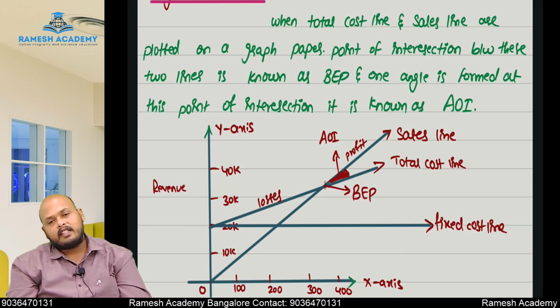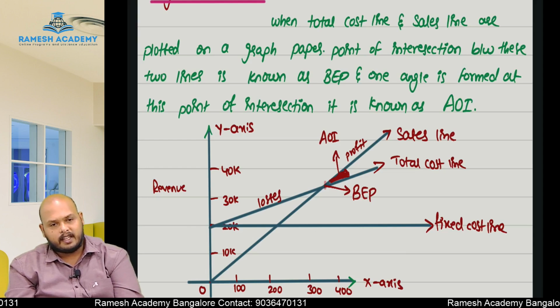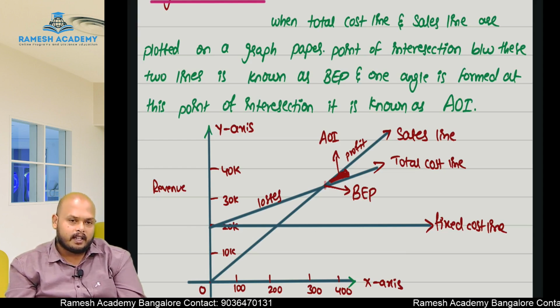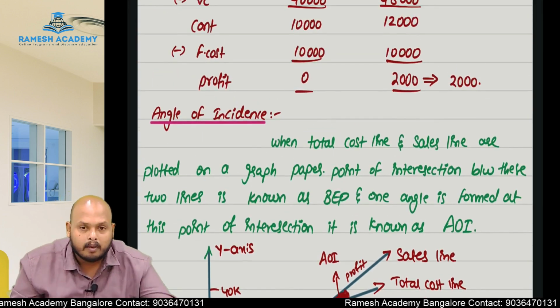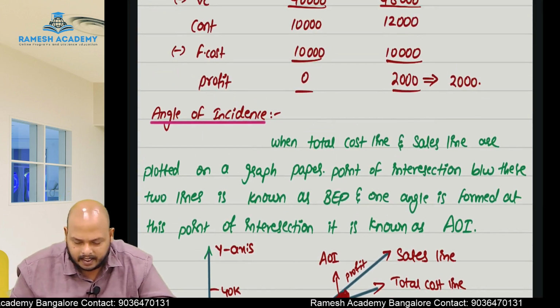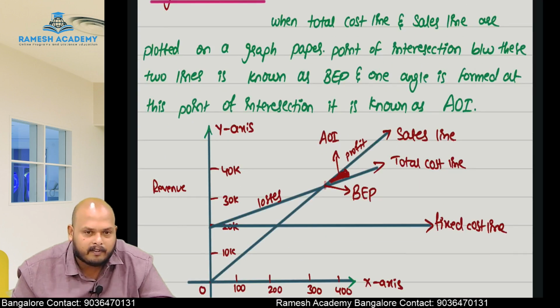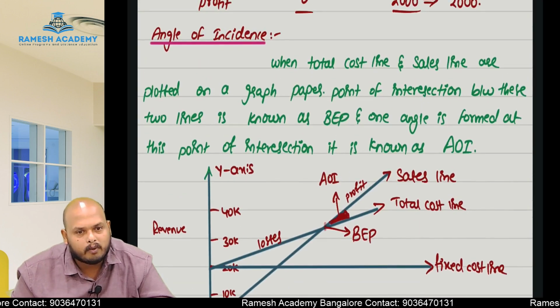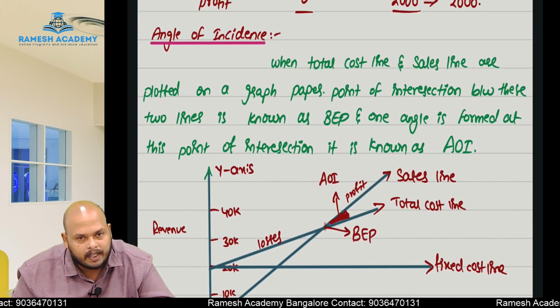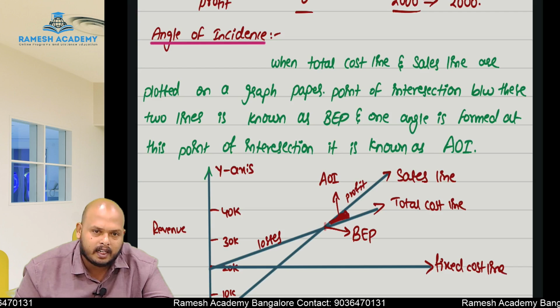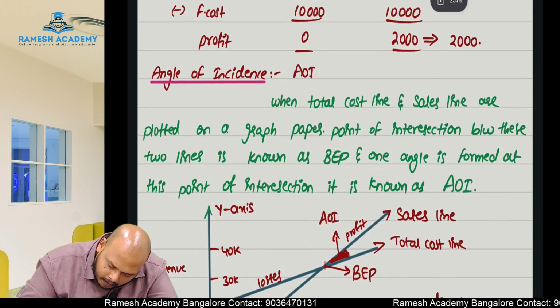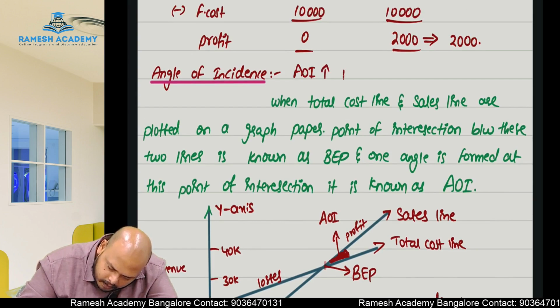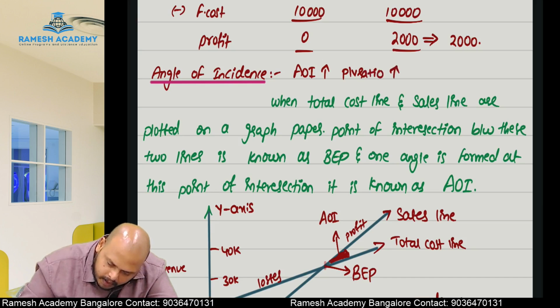In the exam they will ask, if angle of incidence increases, what is the effect on PV ratio? If angle of incidence increases, profit will increase. If profit increases, automatically contribution also will increase. If contribution increases, automatically PV ratio will increase. So if angle of incidence increases, PV ratio also will increase.